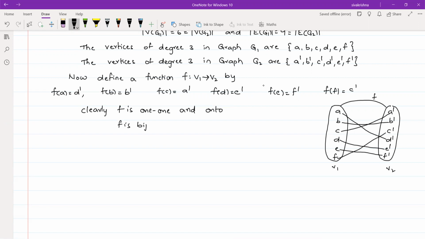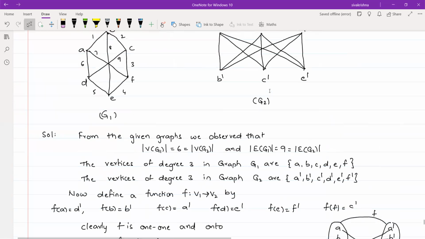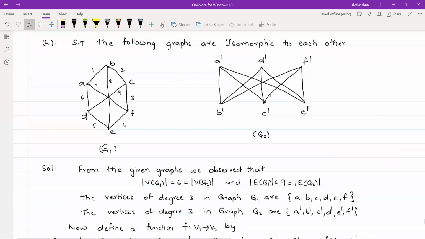After that we have to check the adjacency relationship between the graphs. In graph 1 we have 9 edges. Now we have to select one edge.